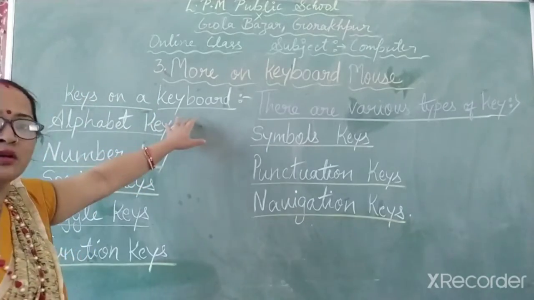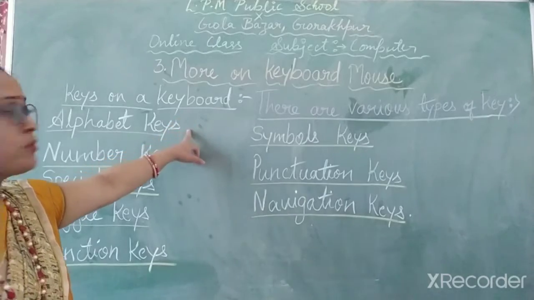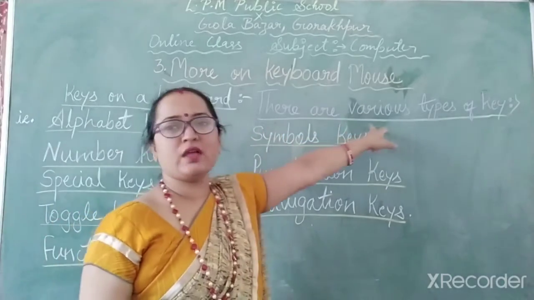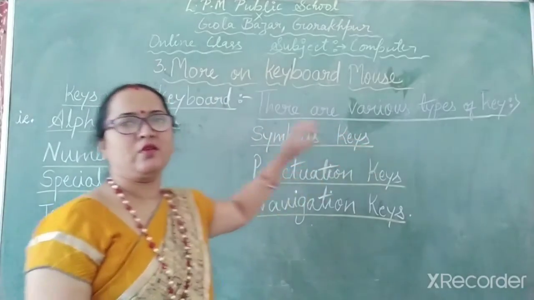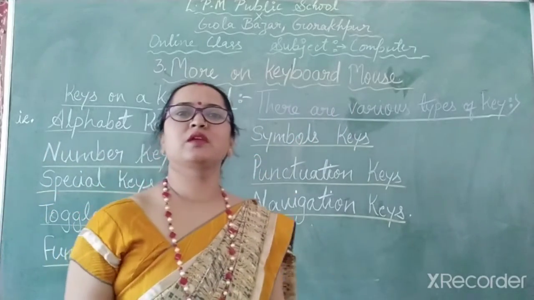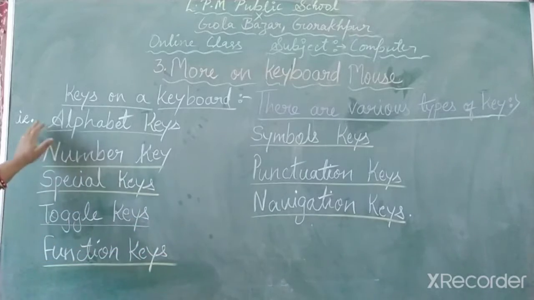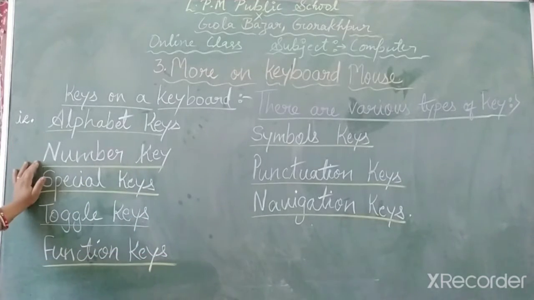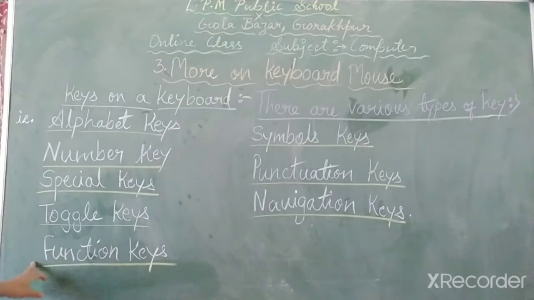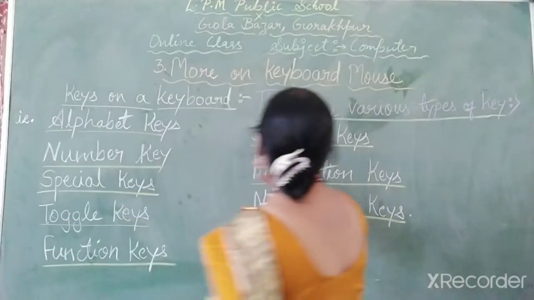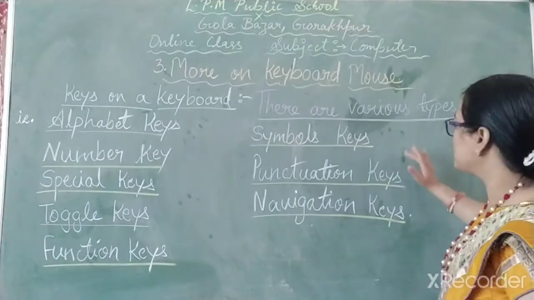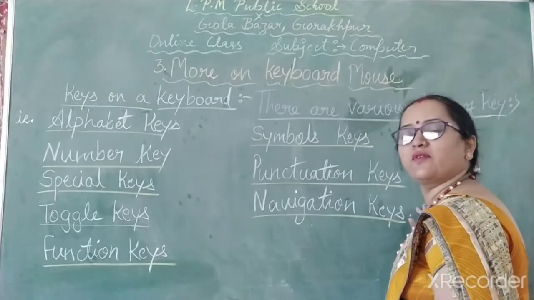In More on Keyboard and Mouse, the topic is keys on a keyboard. There are various types of keys on a keyboard. See here, the list is given. The first one is alphabet keys, then number keys, special keys, toggle keys, function keys, symbol keys, punctuation keys, and navigation keys.